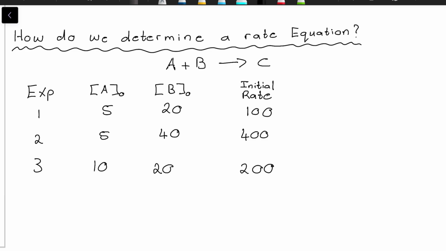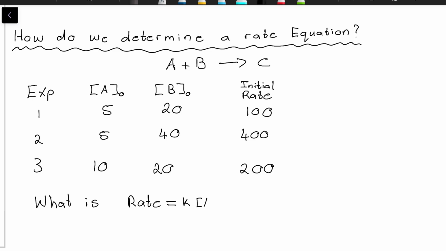So meaning, what is the rate? If you have to write the rate law for this, you would say the rate is equal to the proportionality constant k times the concentrations of the reactants to the powers of something that you don't know, right?